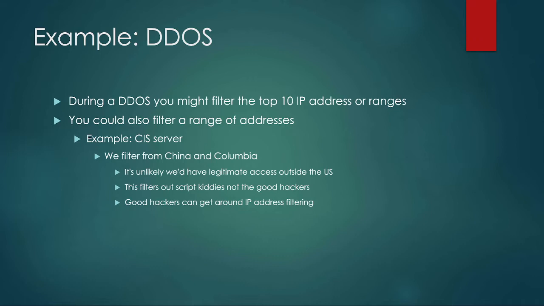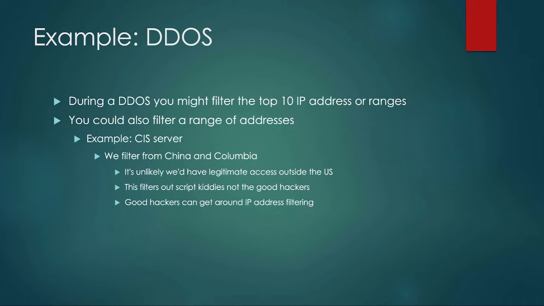So if we know that we have requests that are, say, absolutely no way that this is a legitimate request, we can filter some of that out. One of the things that makes DDoS style attacks really difficult is because it is sometimes really hard to tell if it is legitimate traffic or not.